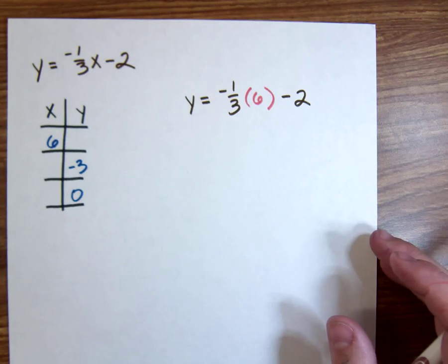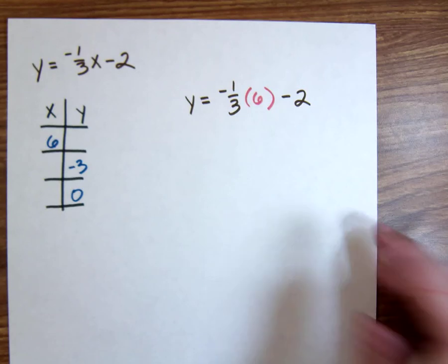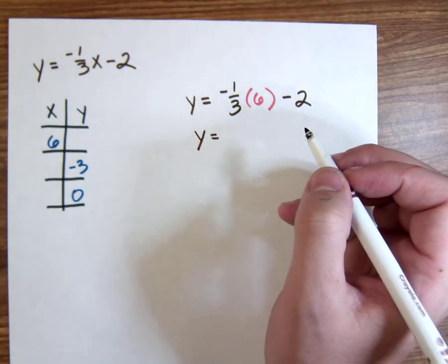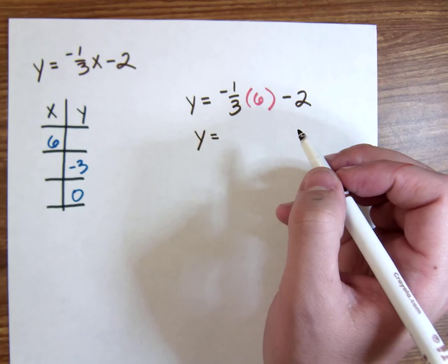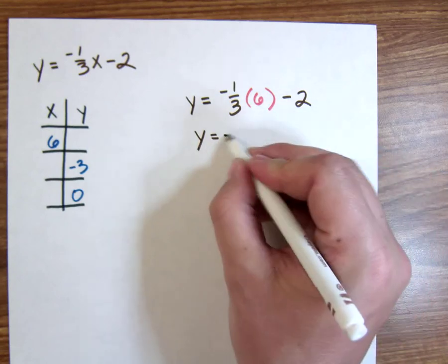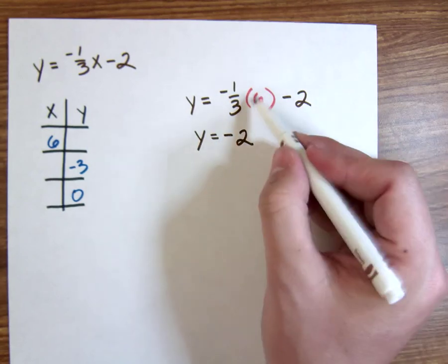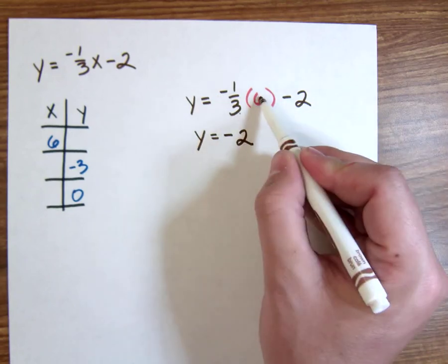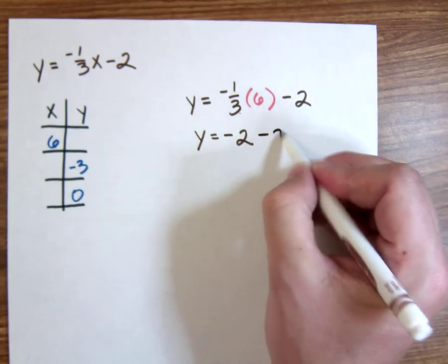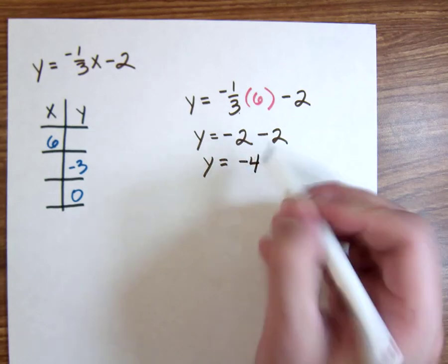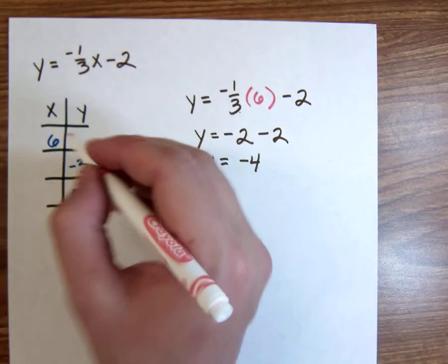What is -1/3 times 6? -2. Very good. It'd be 6/3, 6 on top and 3 on bottom, which is 2, but it's a negative times a positive, so negative. And then minus 2. So y is -4. Well done.